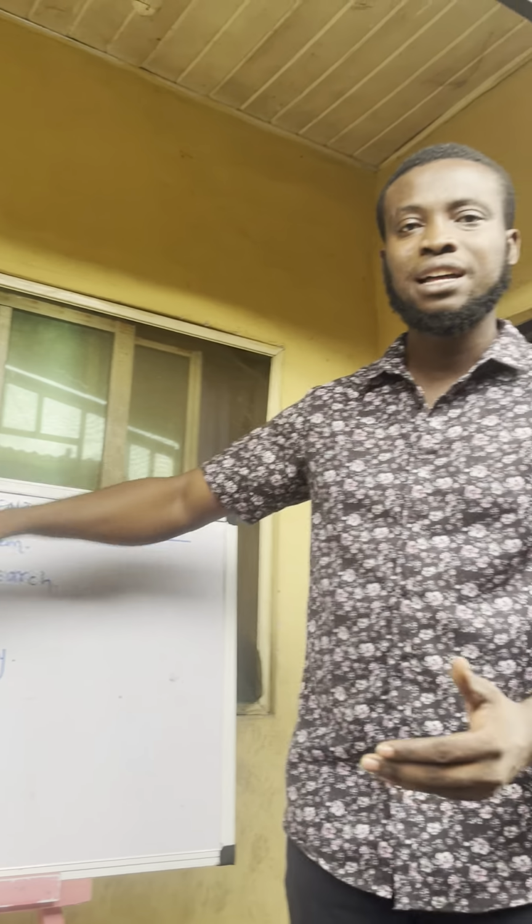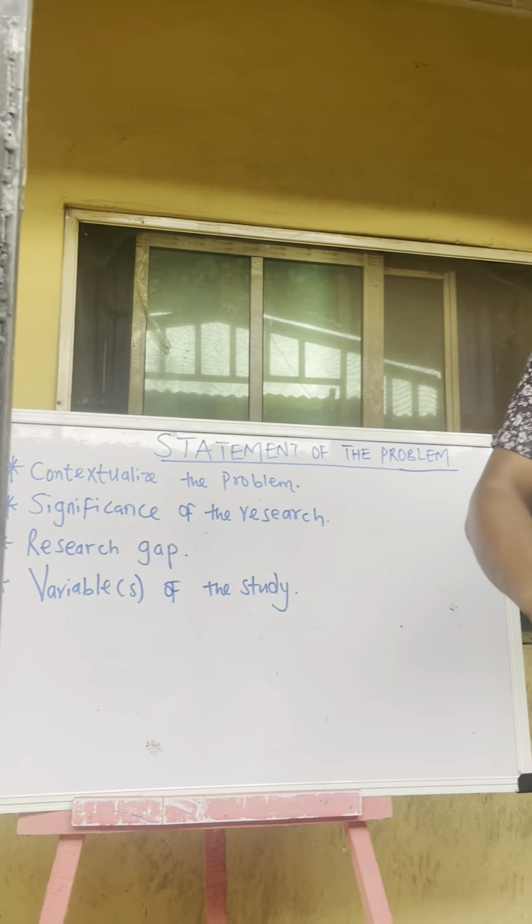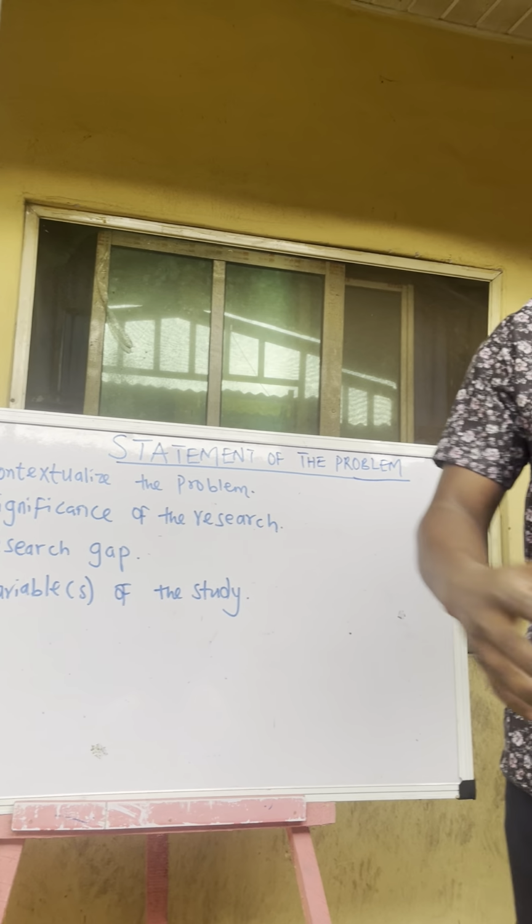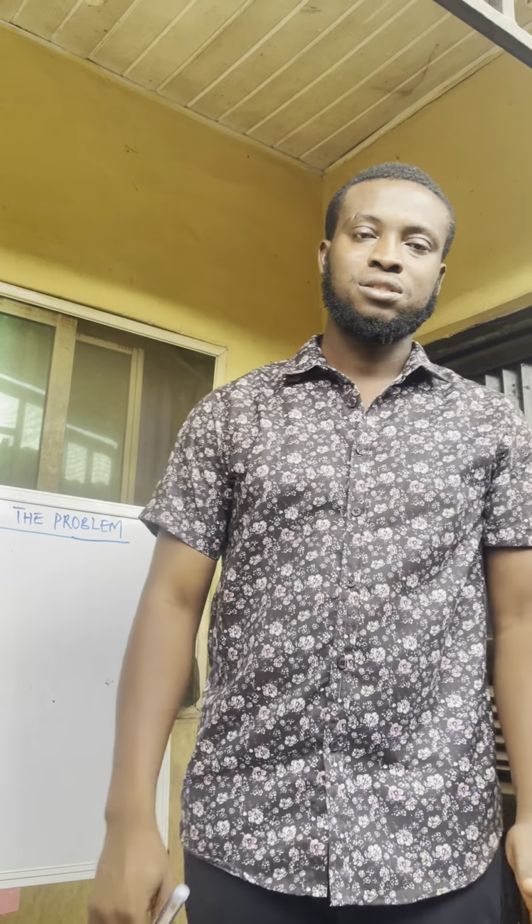You write it critically. Then you can also discuss how it is going to be relevant in the literature, because any work you are doing is based on your area of study, and it's going to help your area of study too. So here you discuss the relevance of the research.